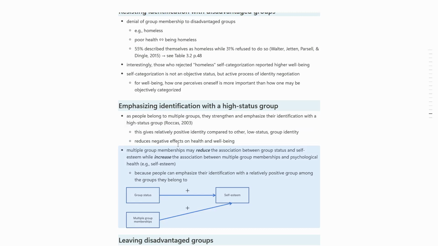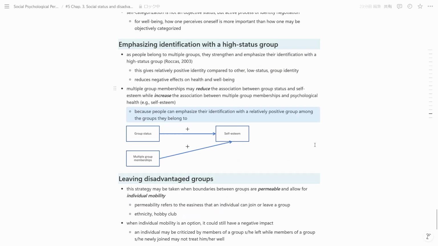And because of that, it reduces negative effects on health and well-being. So, multiple group memberships may reduce the association between group status and self-esteem, while increasing the association between multiple group membership and psychological health. Because people can emphasize their identification with a relatively positive group among the groups they belong to.